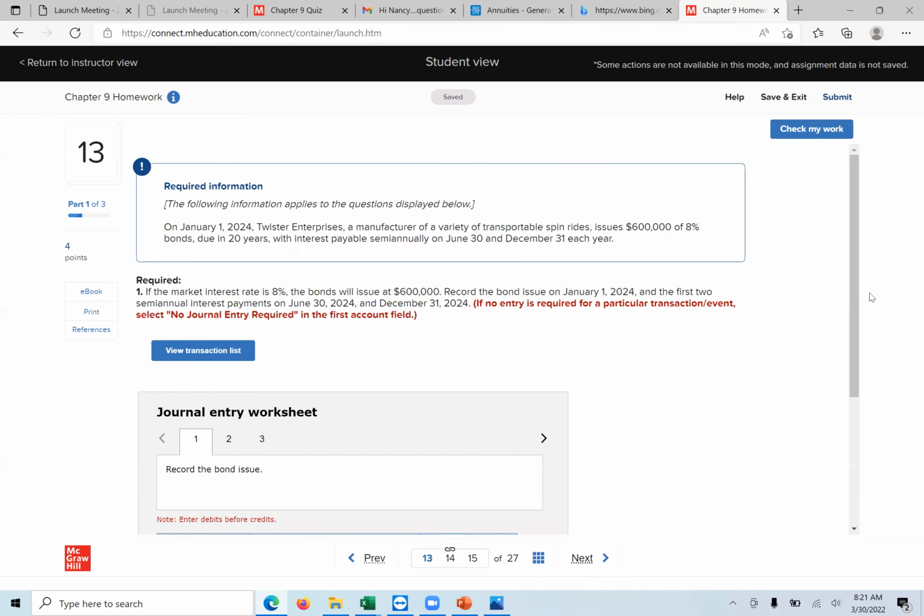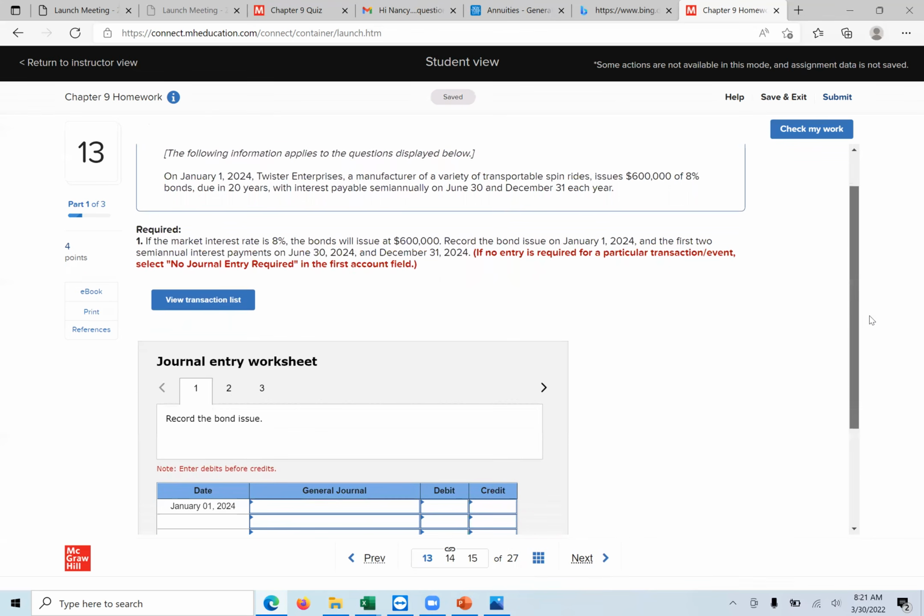Then we want to look at bonds. On January 1st, 2024, Twister Enterprises, a manufacturer of a variety of transportable spin rides, issues 600,000 of 8% bonds due in 20 years, with interest payable semi-annually on June 30th and December 31st of each year.